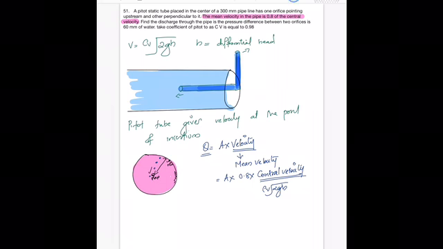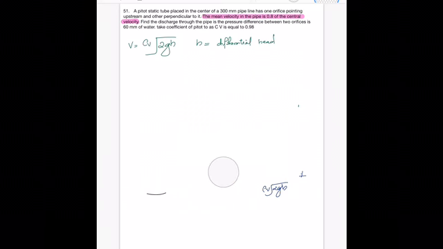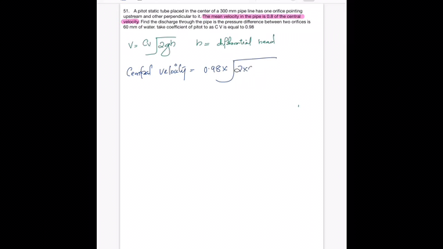So let us start solving the problem. Central velocity, called so because the pitot tube is inserted at the center, is equal to 0.98 times root 2 into g into h. The pressure difference is the same as differential head.